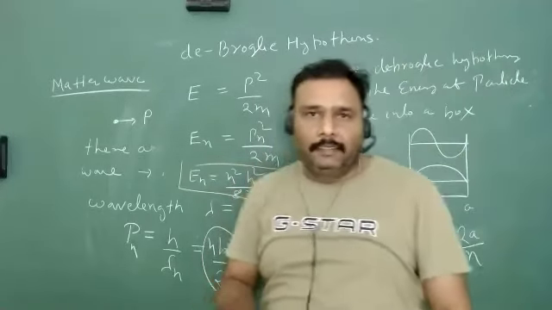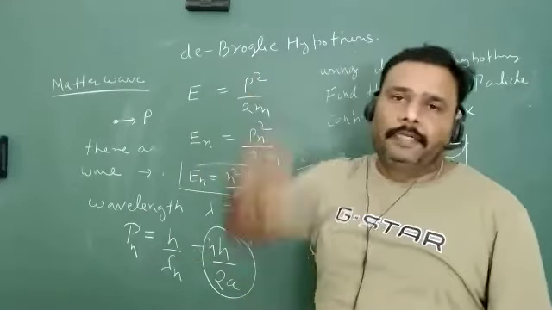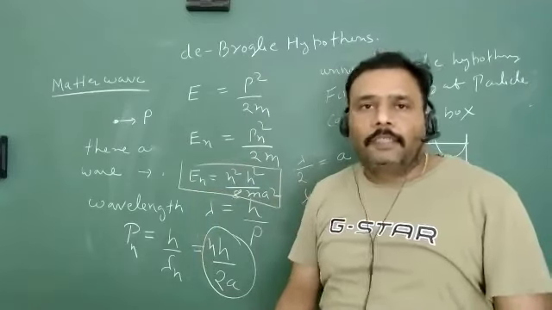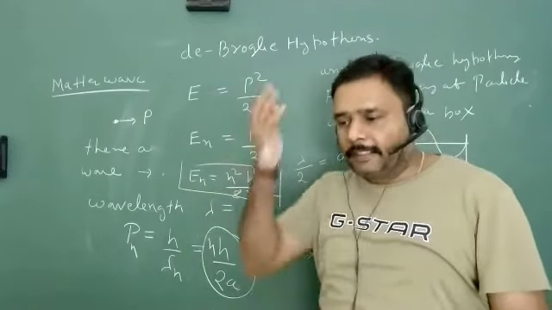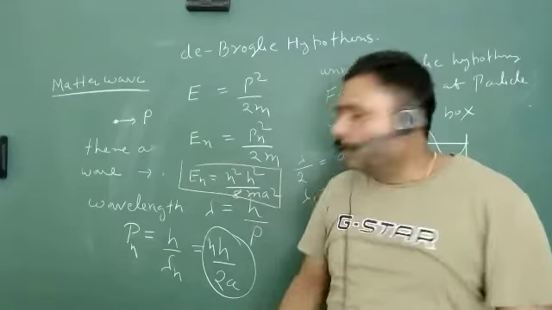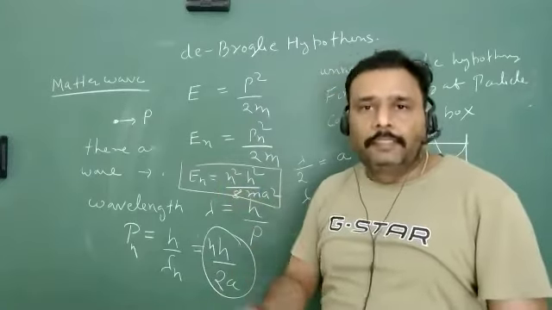Again you can find, if the particle is confined into a box, what are the possible values of energy? You cannot say that all possible values of energy greater than 0 are allowed. Rather, only those values of energy are there which are proportional to n square.